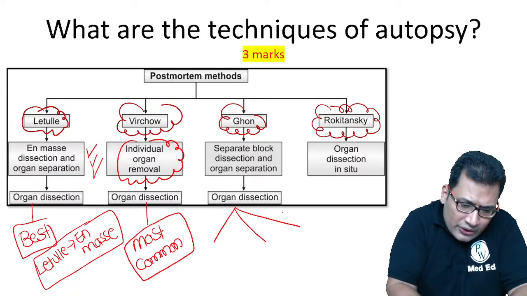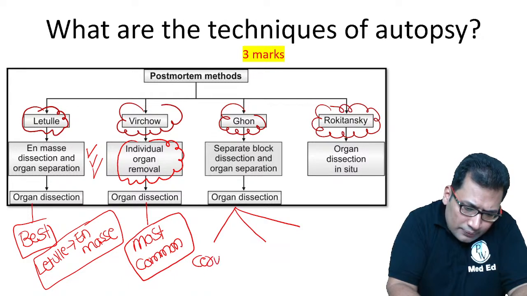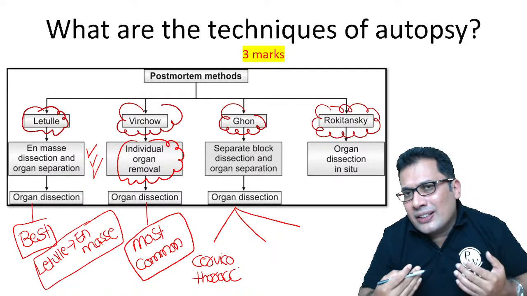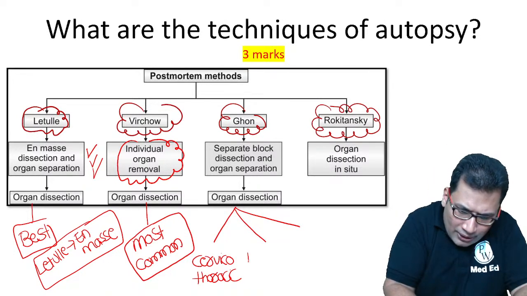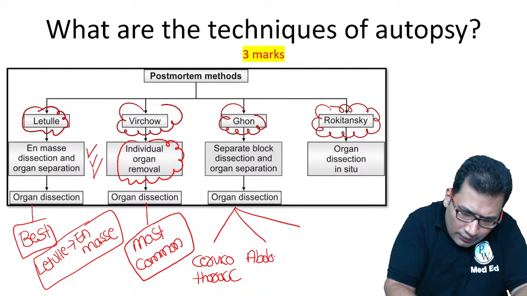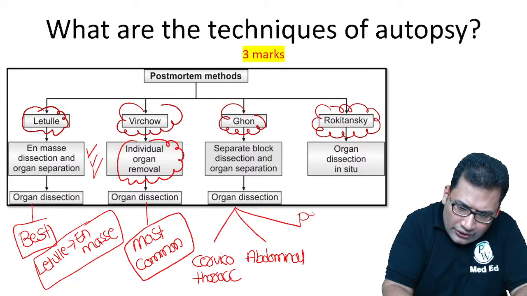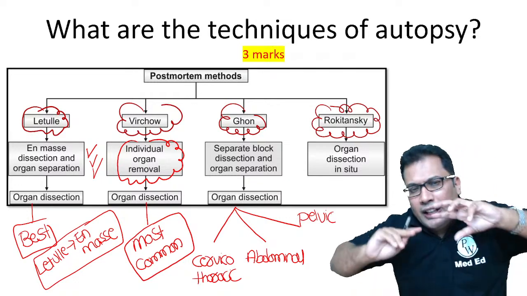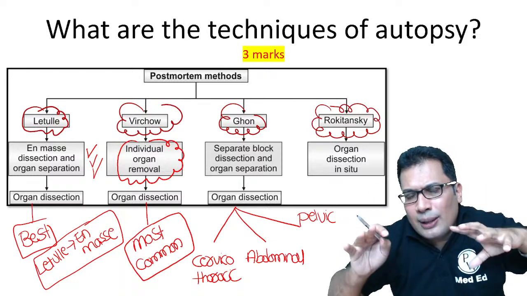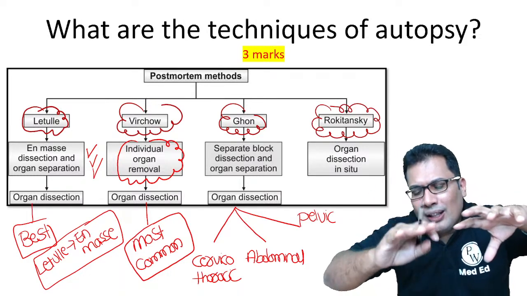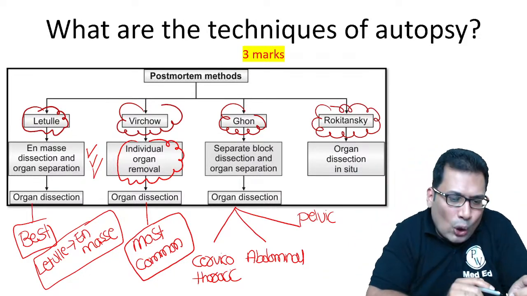The cervicothoracic block, where all the cervical and thoracic organs are removed at a stretch, then the abdominal organs in one more block, and lastly the pelvic organs. So the 3 blocks are cervicothoracic, abdominal and pelvic.